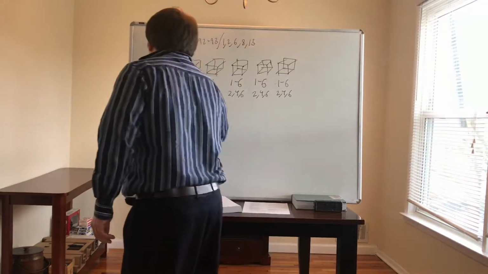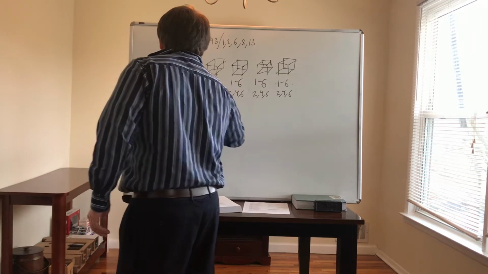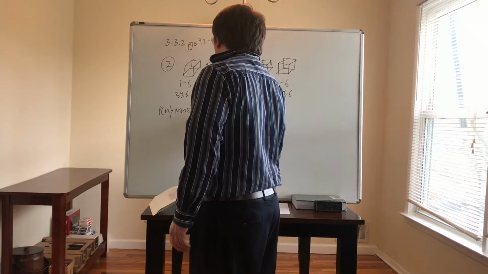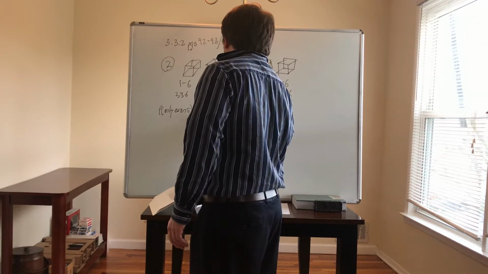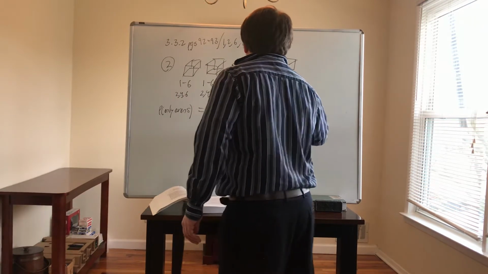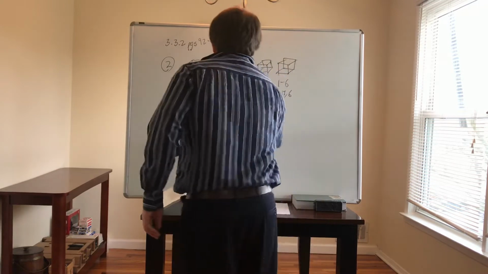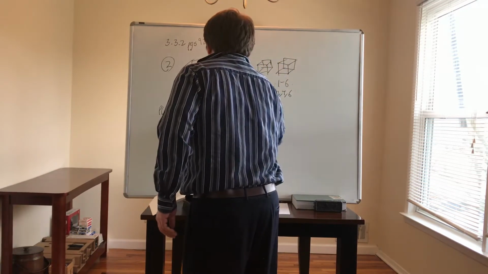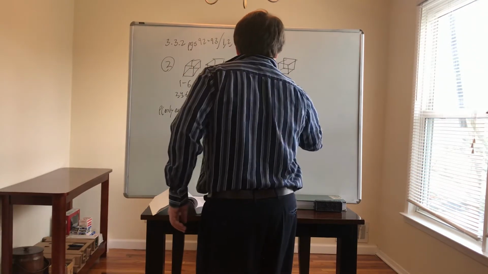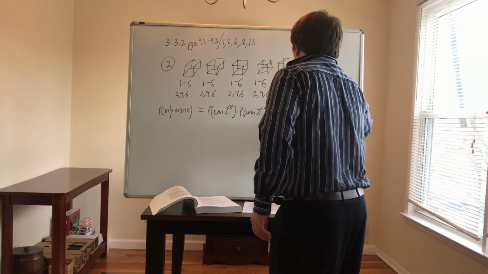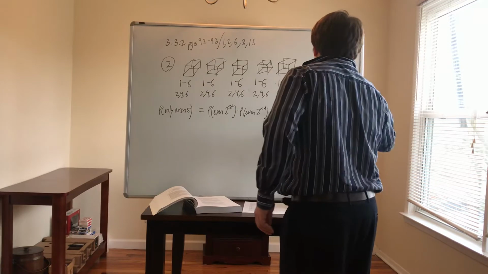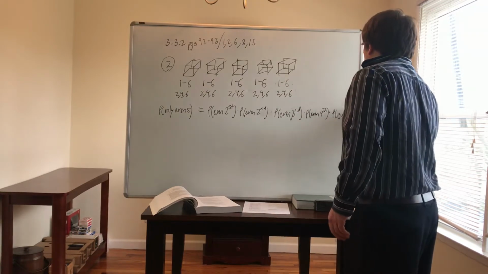And so the probability of only evens for the 5 rolls of the die is going to be the probability of even in the first roll times the probability of even in the second roll times the probability of even in the third roll times the probability of even in the fourth times the probability of even in the fifth roll. Okay, so I abbreviated, right?